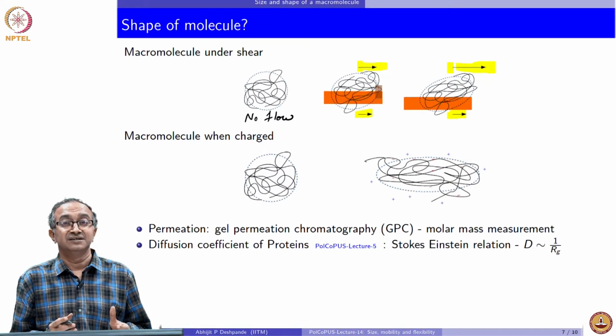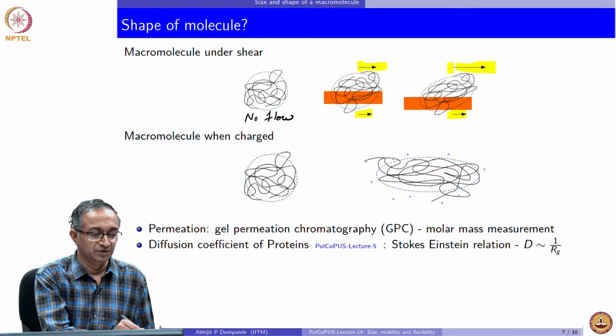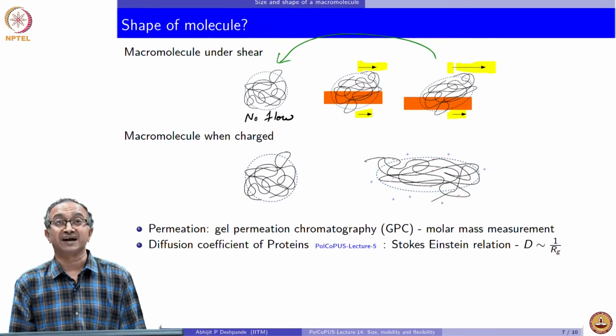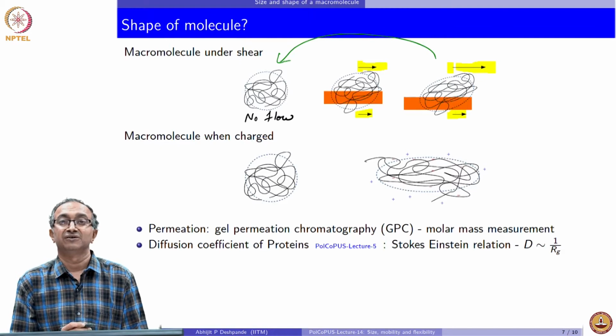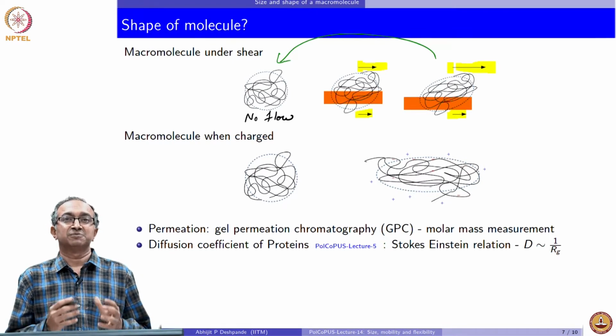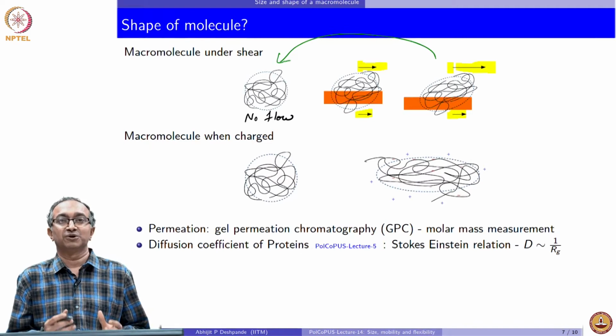The other is recovery or the elasticity, because as soon as we stop flow, what will happen is this macromolecule would want to come back, and so there is an elasticity or recovery of polymer melt or a polymer solution. So see how powerful the concept behind a single macromolecular response is.